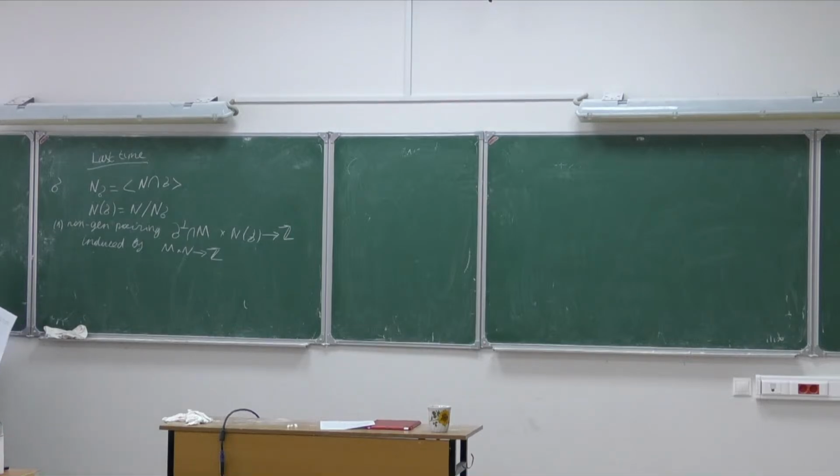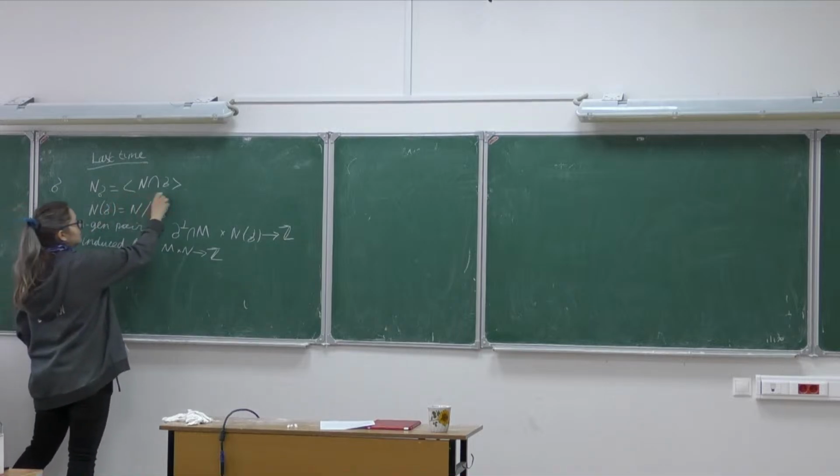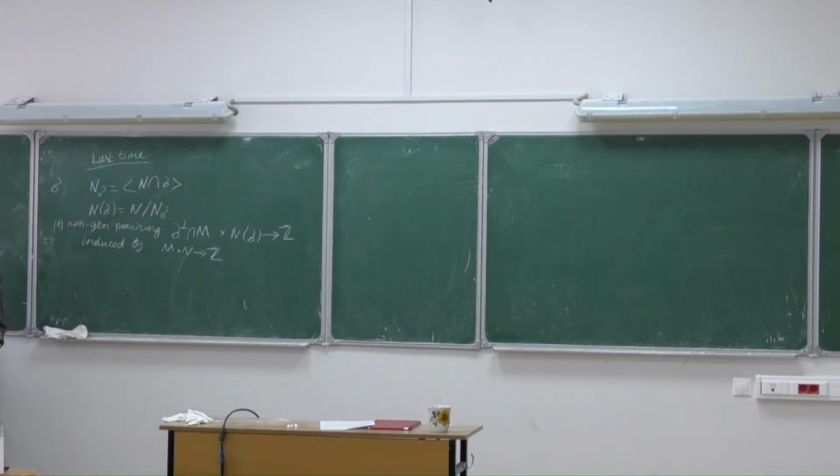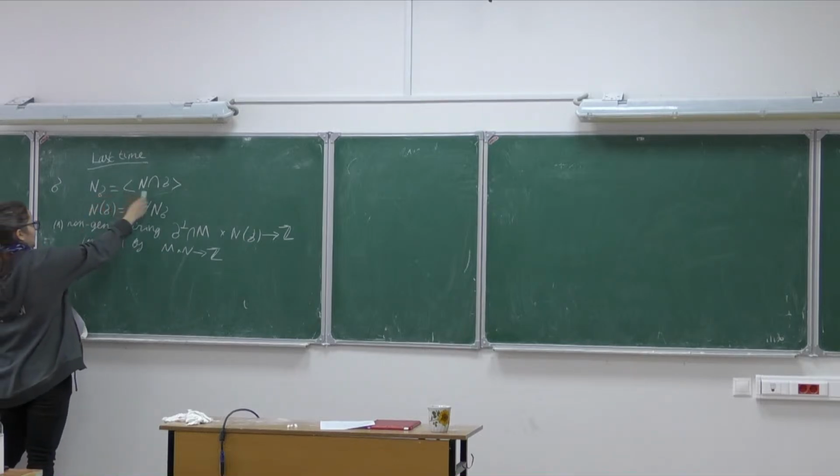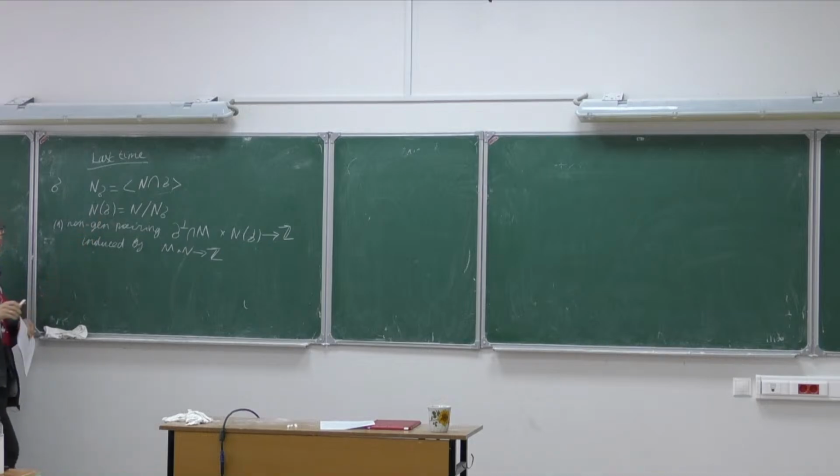Let us take this sublattice. It makes sense only in the case when dimension of sigma is less than dimension of N. Otherwise it has no sense: it is all of N, and this is only the 0 point.